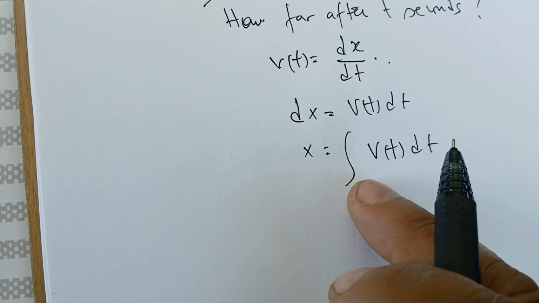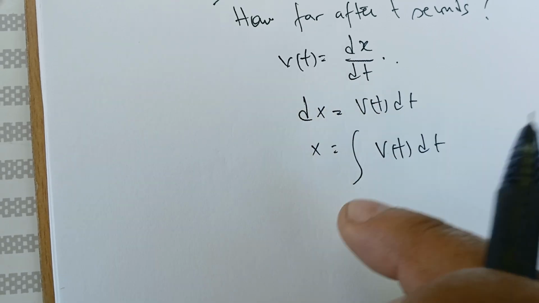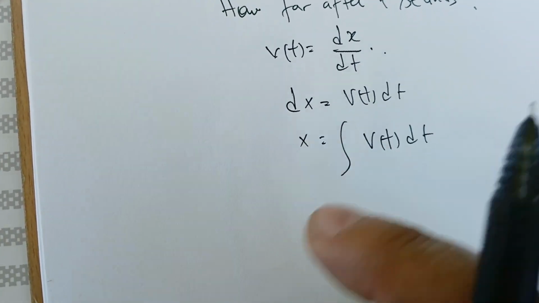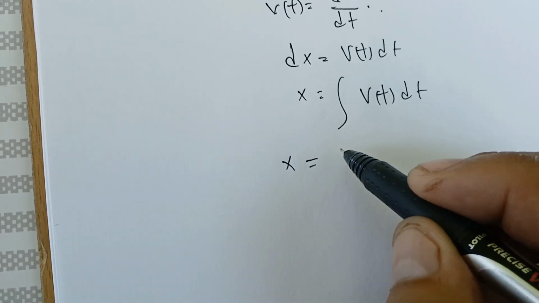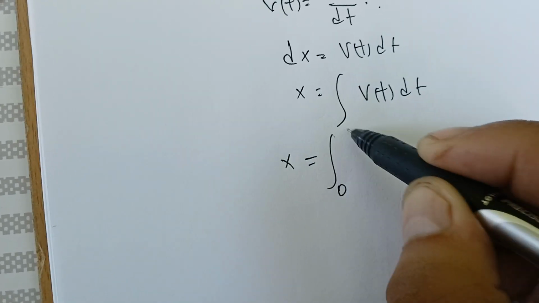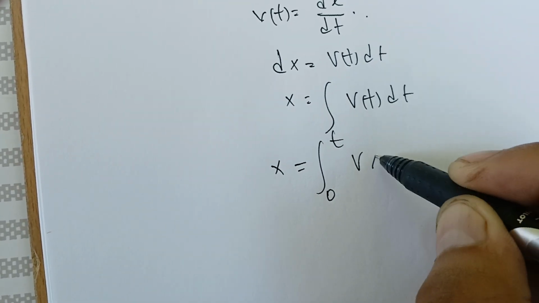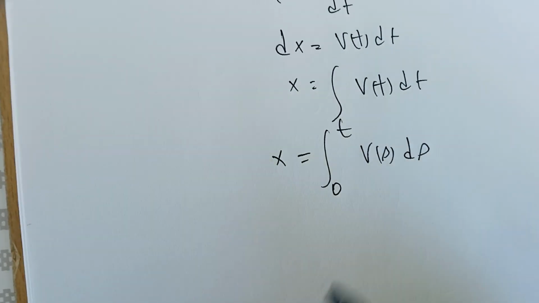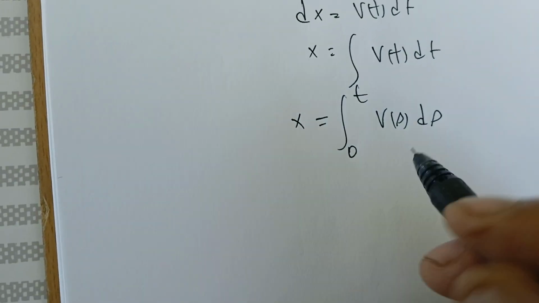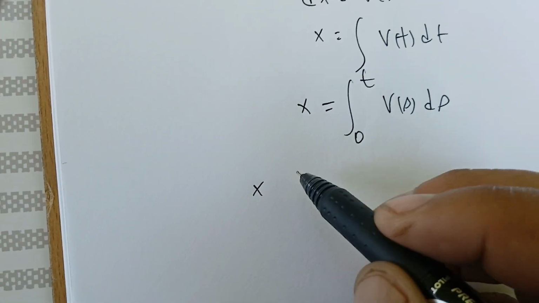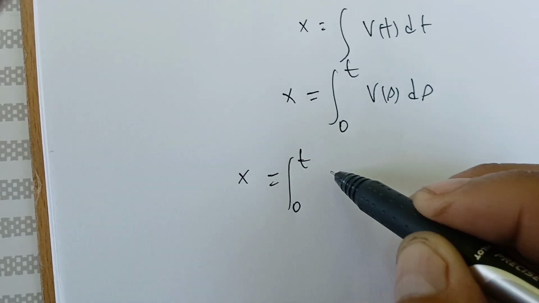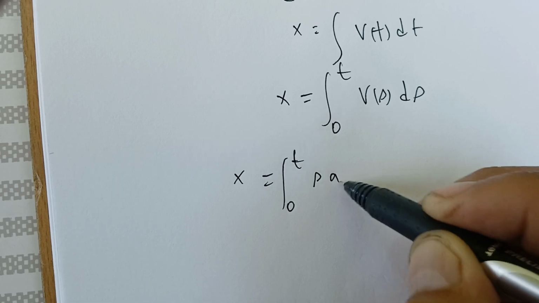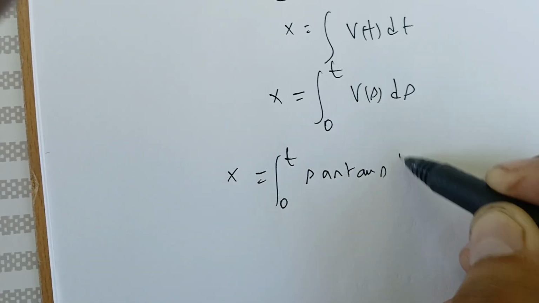The starting time is 0 and the ending time is t. And that's why we need to change this variable here. So we're going to make x the integral between 0 and t of v(s) ds. And therefore x, the distance, is the integral between 0 and t of s arctangent s ds.